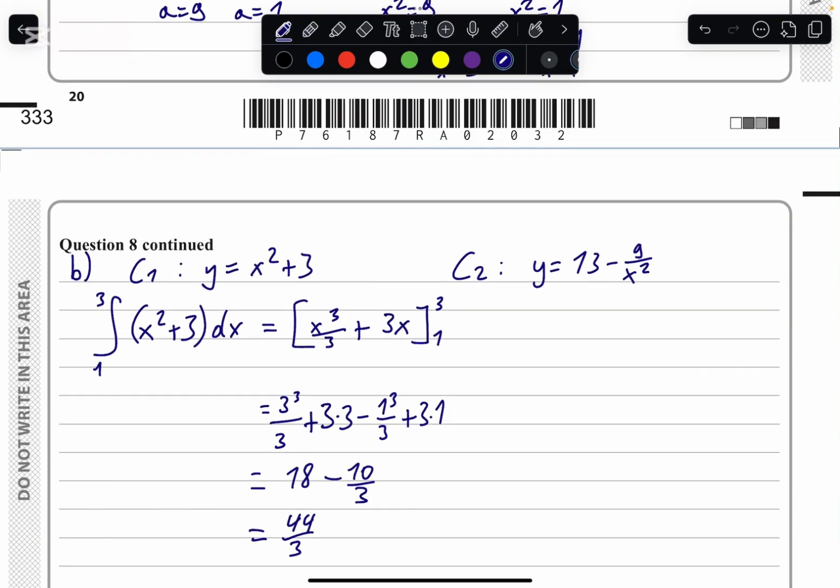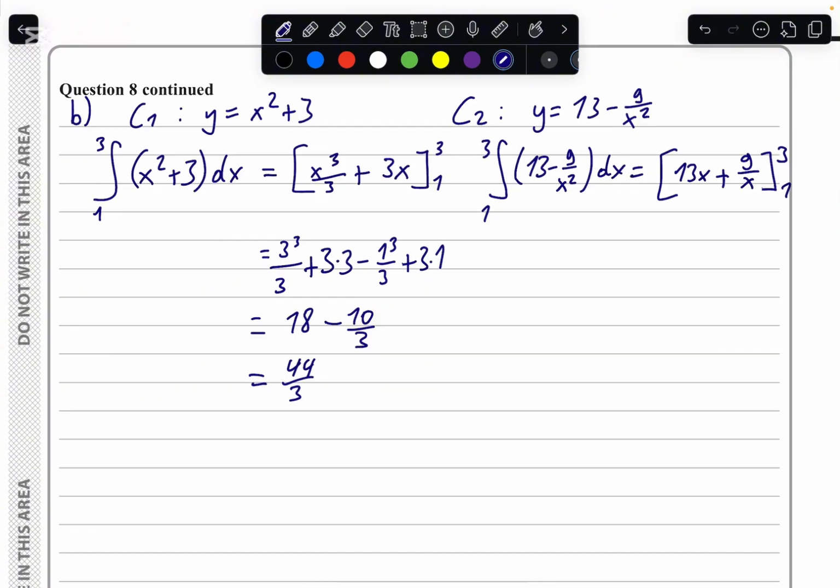And if we go ahead and integrate, do the same thing for curve C2, we integrate the same way. So if we go ahead and plug in the numbers again, 13 times 3 plus 9 over 3 minus 13 times 1 plus 9 over 1, we get 42 minus 22, which is 20.